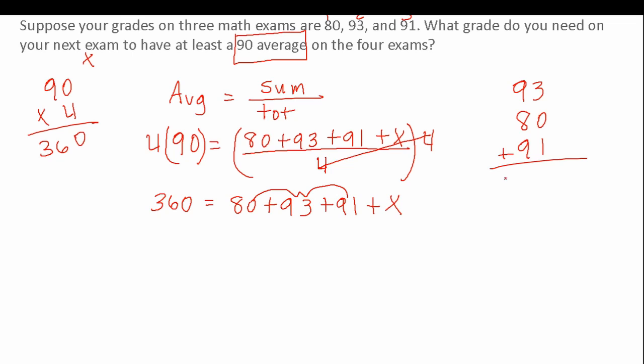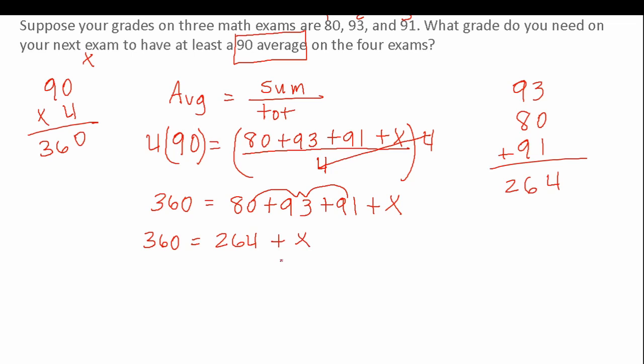The hardest part about this problem is setting it up, and beyond that, doing all your arithmetic correctly. 0 plus 3 plus 1 is 4. 9 plus 9 is 18. Plus 8 is, well, 8 plus 8 would be 16, so 8 plus 18 is going to be 26. So we have 360 equals 264 plus x.